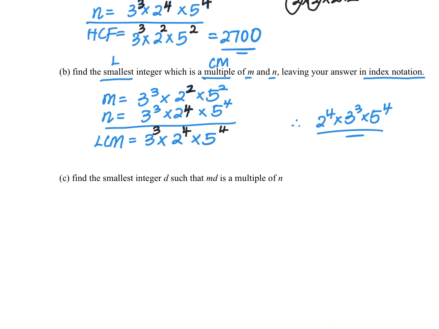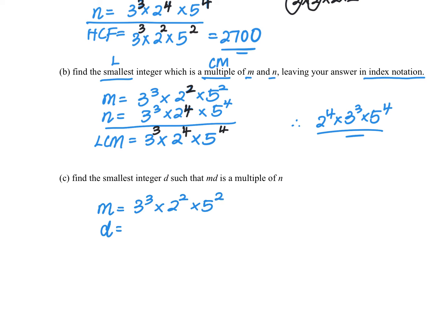Right, last part. Find the smallest integer d such that m multiplied with d is a multiple of n. So complicated. Let's write this down one by one. M multiplied to d. So we got m and d. M is 3 cube, 2 square, 5 to the power 2, 5 square.